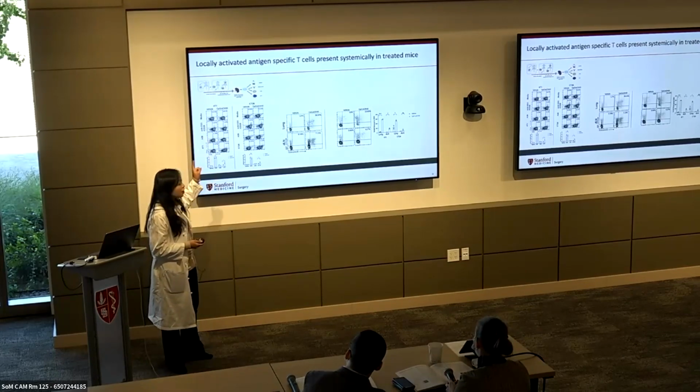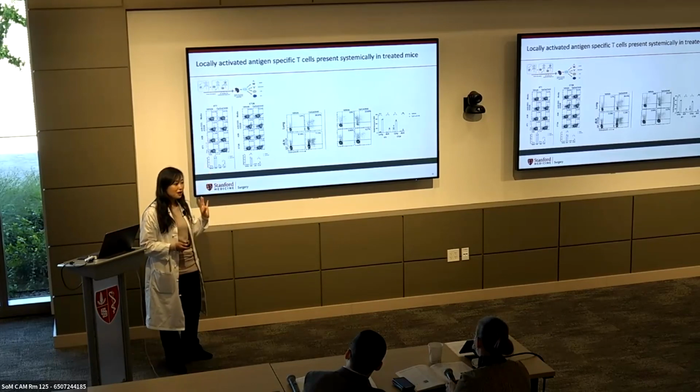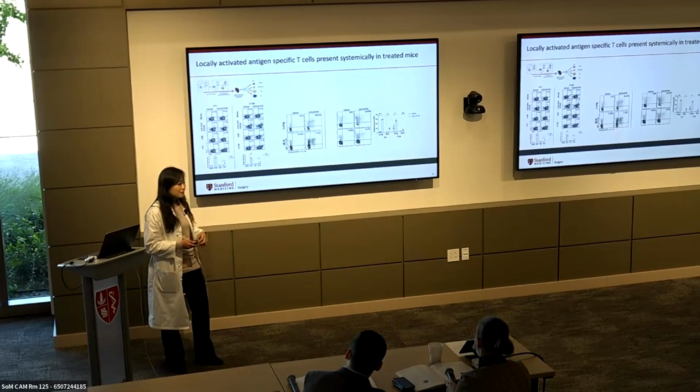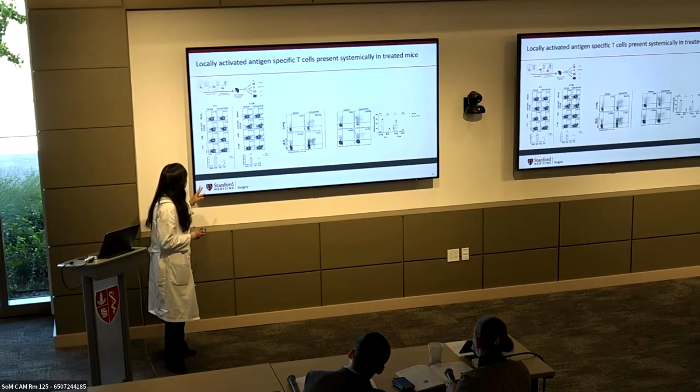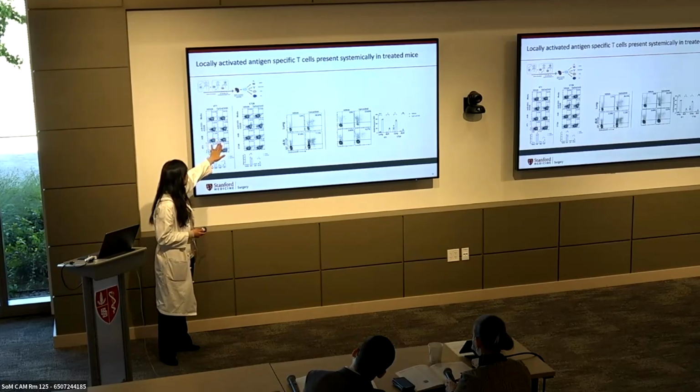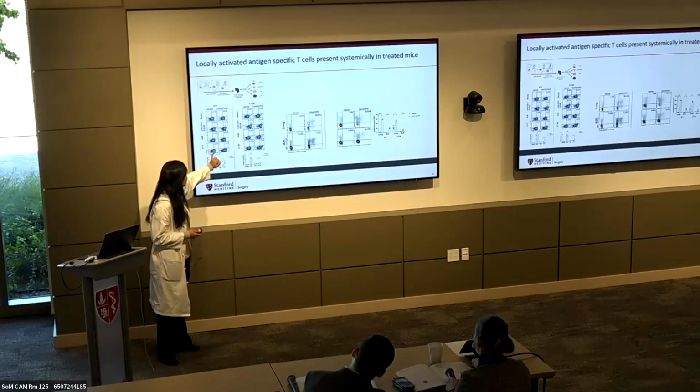What we did was we harvested the spleen, which is a remote organ, and we separated the T cells from the spleen. We took the T cells and we incubated them with just media, with stimulating antibody, with a tumor cell type A20 that they've never been previously exposed to, and with the same cell type that they've been previously exposed to.